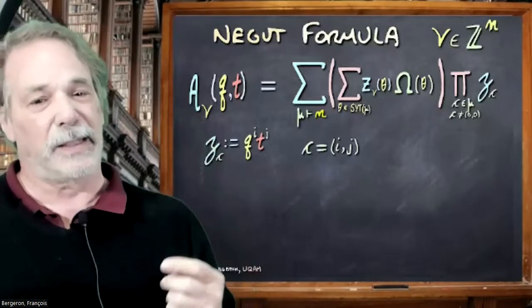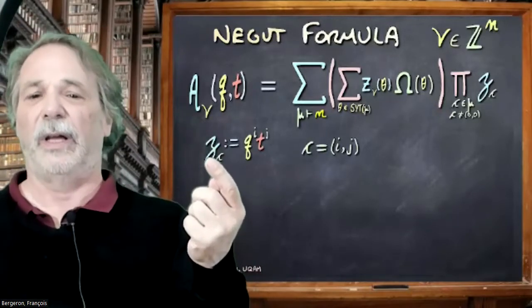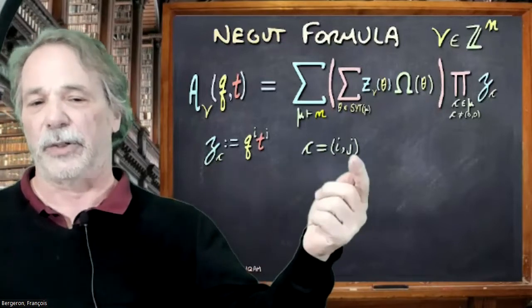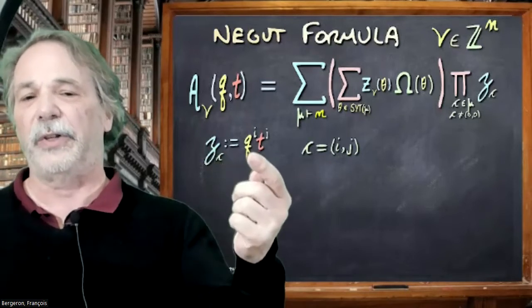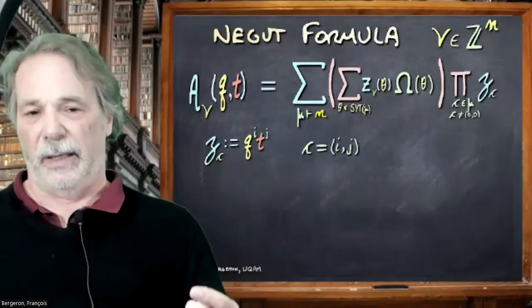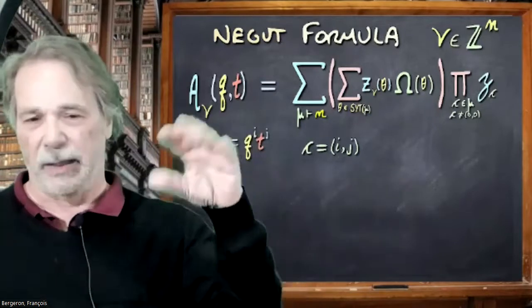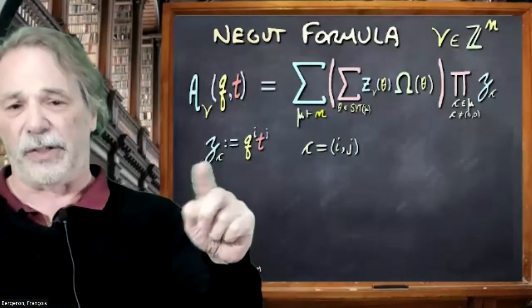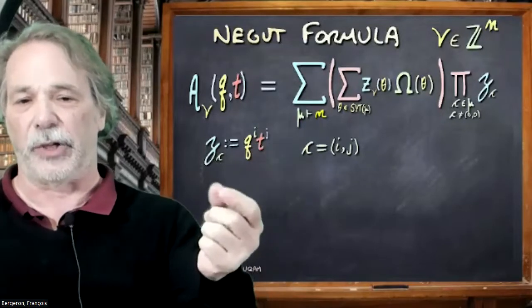But for the rest, just to make things clearer, it's nice to say that for a cell ij in Cartesian coordinates, z of the cell is q to the i, t to the j. That's going to make the notation clear in a minute. Otherwise, we get lost. So that's just a compact way of writing q to the i, t to the j.